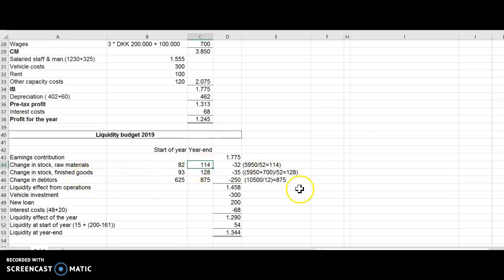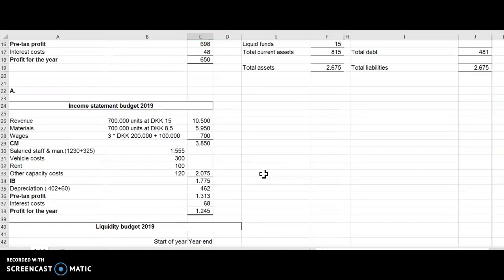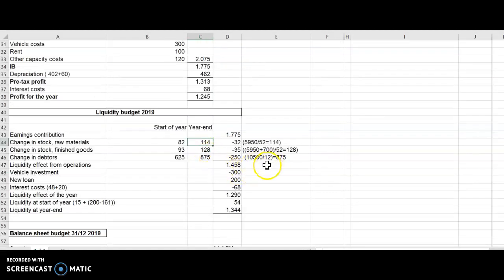And finished goods, we have to take raw materials plus wages for the whole year, and we can find this here in our income statement. And then we divide by the turnover rate of 52, that's 128. Change in debtors, we have the total revenue of 10,500, and we are told that turnover ratio is 12. We give 1 month of credit, so it is 875.